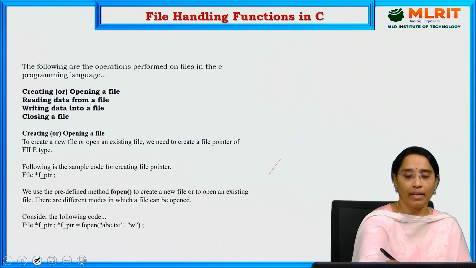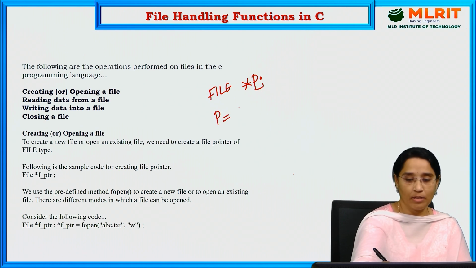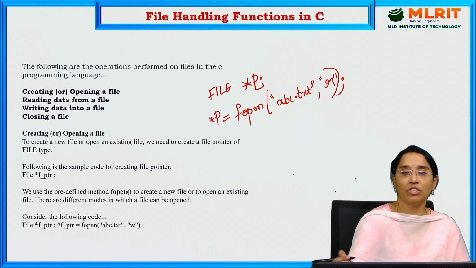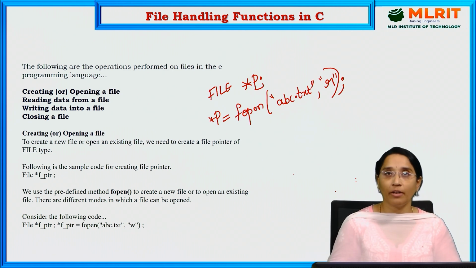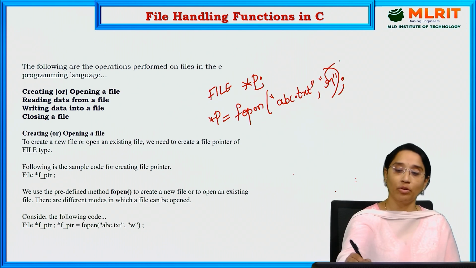First, the data type will be FILE itself, file pointer p. p is equal to fopen of, here I have taken the example as abc.txt, comma r. It means in which mode we are trying to open that particular file abc.txt. We are trying to open it in read mode.